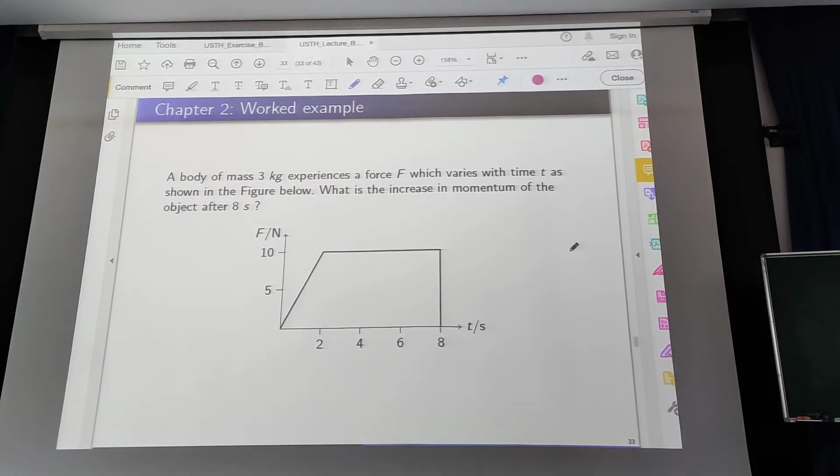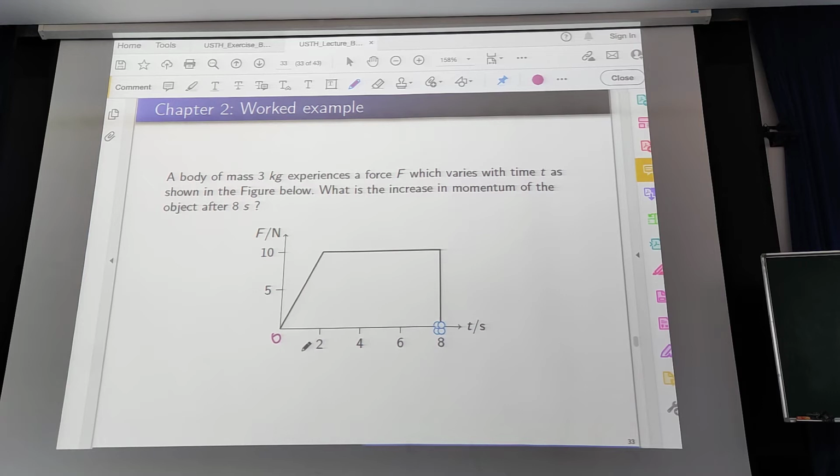Alors, so the force F is changed with time. It's not constant, but changes with this function. Increase in momentum of the object after 8 seconds. 8 seconds here, 0 here.